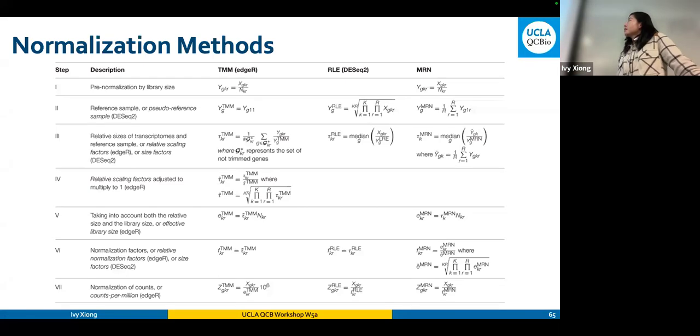So instead of trying to normalize based on all the genes, we only care about around 10,000 genes that have actual real value, non-zero or non-trivial values. Then you normalize based on the sum and the mean among the genes that are not trimmed.